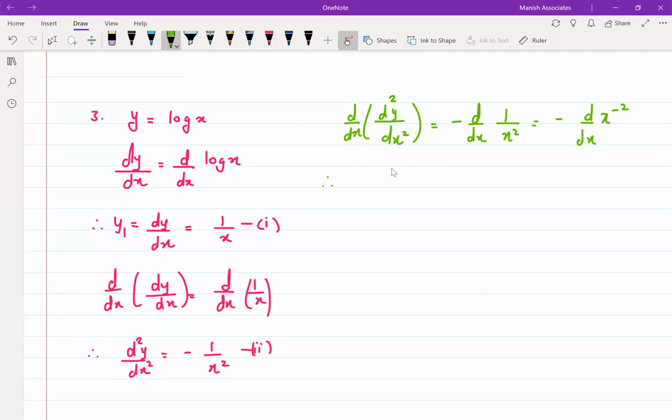Now, derivative of second order is third order. Minus, now derivative of x raised to minus 2 will be minus 2 x raised to minus 3. So I get 2 upon x cube. Clear? Fine.